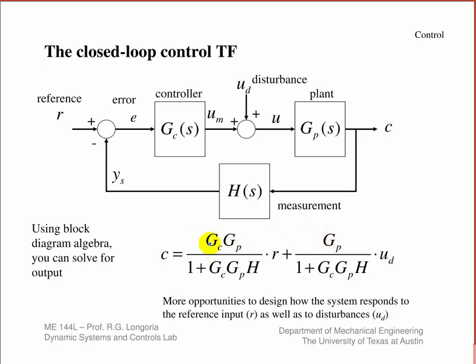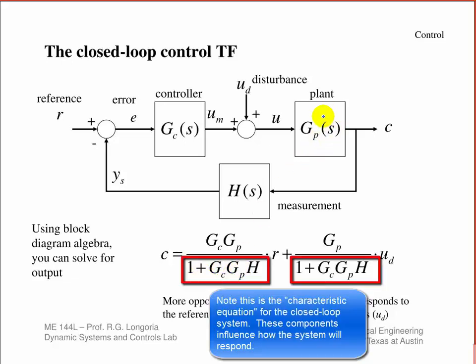And once you have that, then you can put these specific functions in there. And actually, if you look at this, remember, each of these is a transfer function. The denominator here tells you a lot about the performance of the system. So G sub P is the transfer function of the plant, which is what we've already derived in the model part. The GC, we're going to look at some examples of these. These are the controller transfer functions. And then H is the measurement system transfer function.